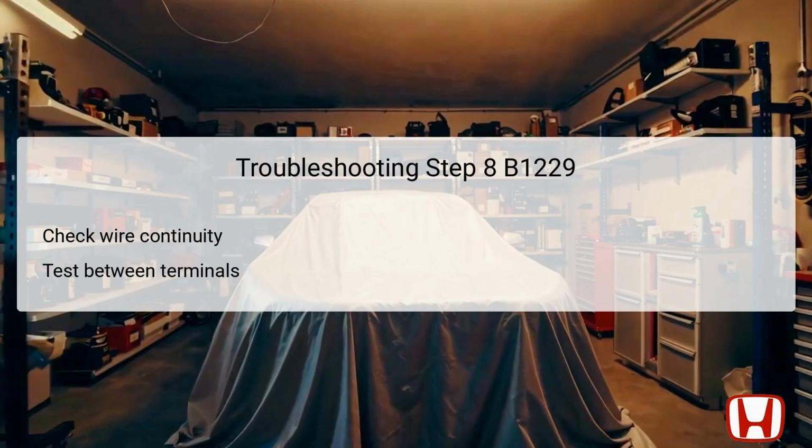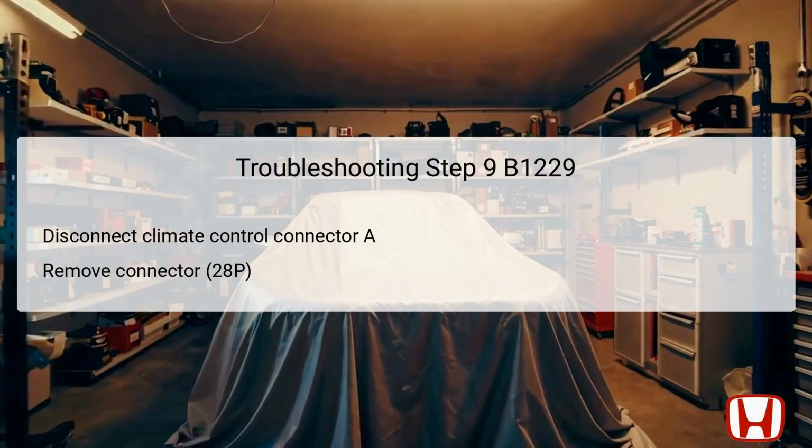Conversely, if there is no continuity, this points towards an open circuit that requires attention. Identifying any breaks or disruptions in wiring can be a pivotal step in repairing the fault related to DTC B1229. It's essential to utilize a multimeter or similar testing device to verify the circuit integrity accurately.